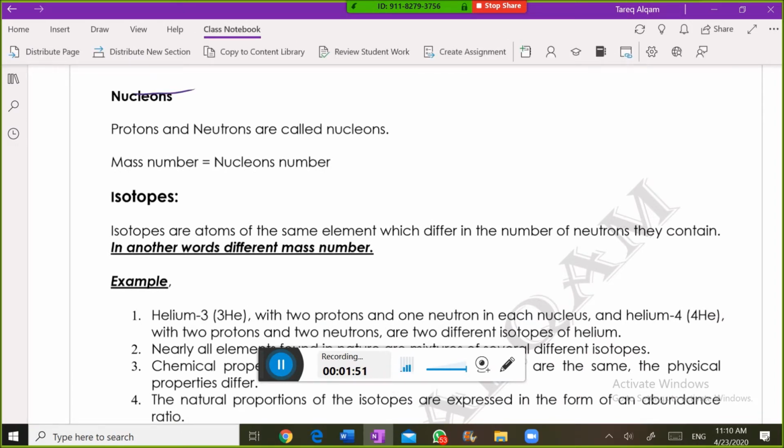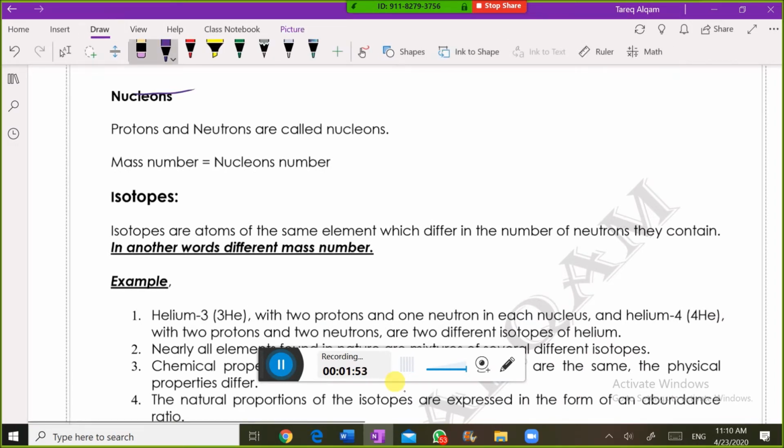I think all of you are familiar with this. Protons and neutrons are called what? Nucleons, right? The mass number and nucleon number are the same.